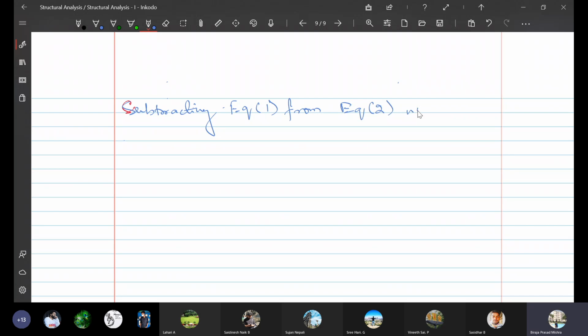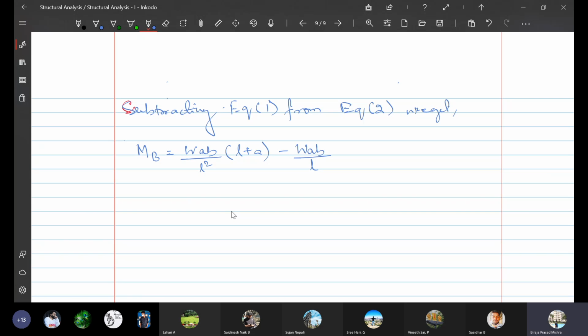Okay, we get, now what is the value? By doing the subtraction, we can say MB equals WAB by L square into L plus A minus WAB by L.